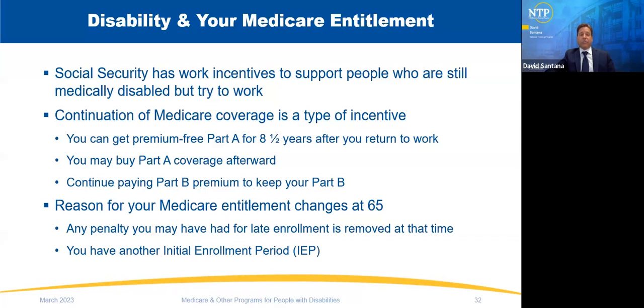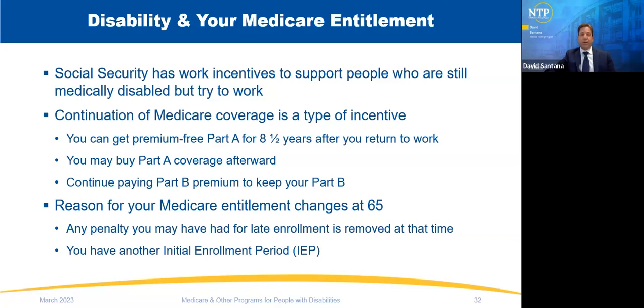They will be able to retain premium-free Medicare Part A for the next 8.5 years. After which, if that individual is still considered disabled, is still working, and is not yet 65, they will be able to purchase Medicare Part A.